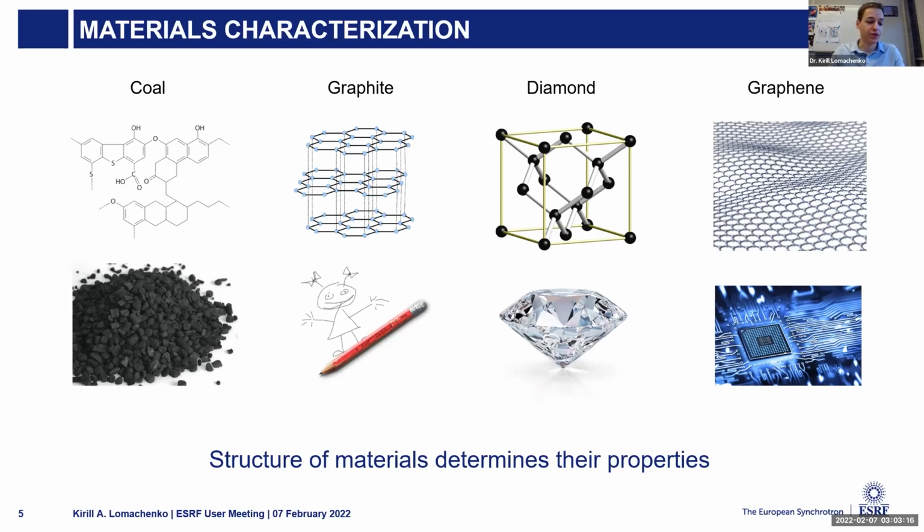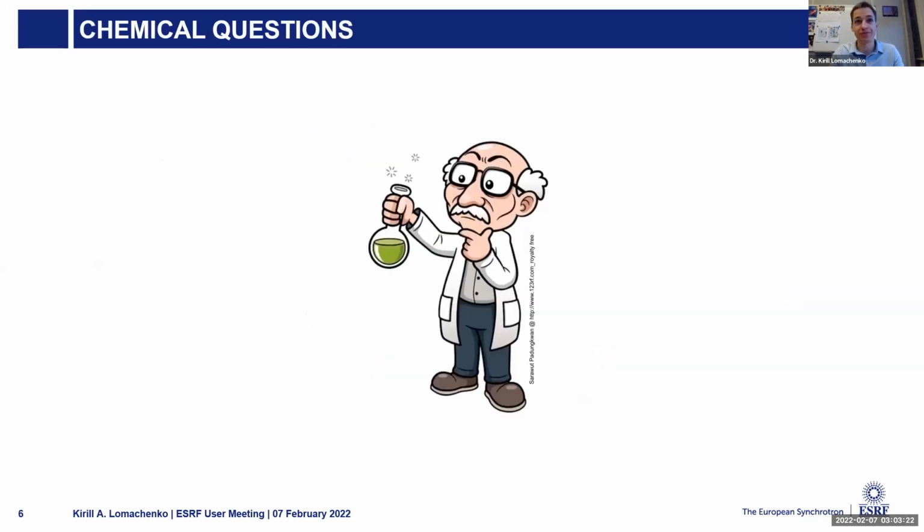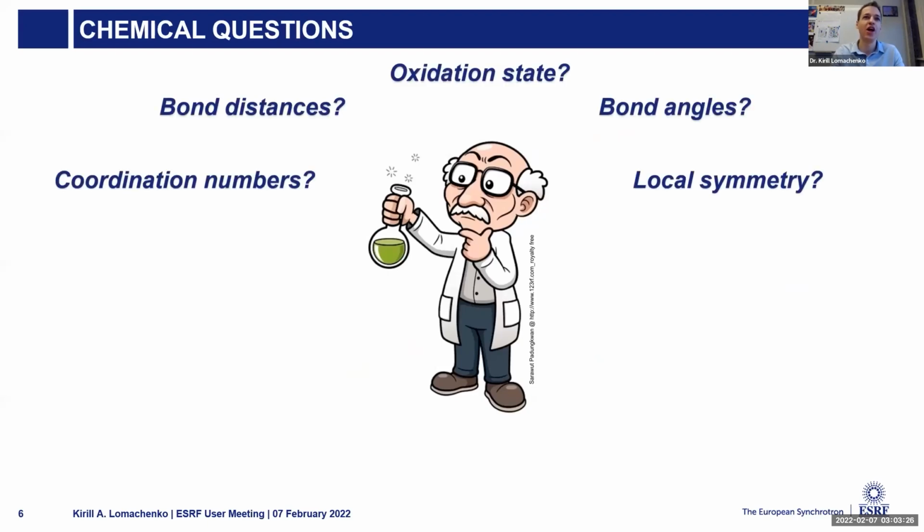So when you work on some new material, you synthesize it, you want to understand how it works and why it works in such a way, you start having particular chemical questions about the coordination numbers, bond distances, oxidation states, the symmetry, and all this may help you to understand why your material works in one way and not in the other.